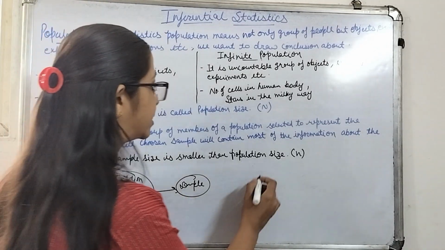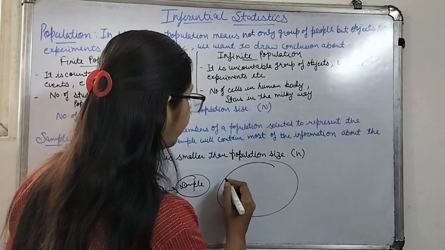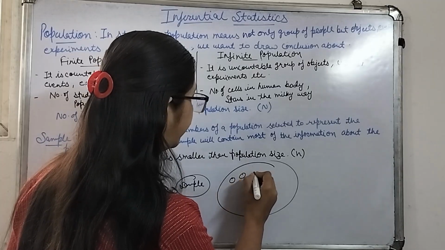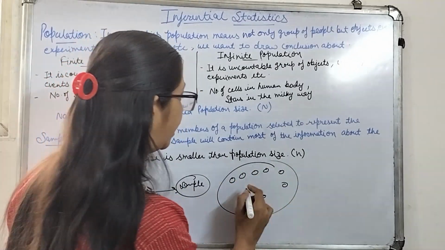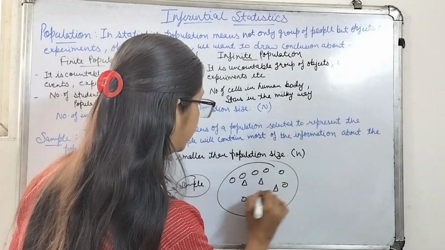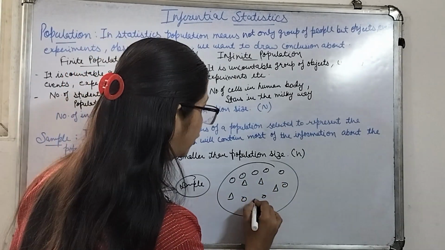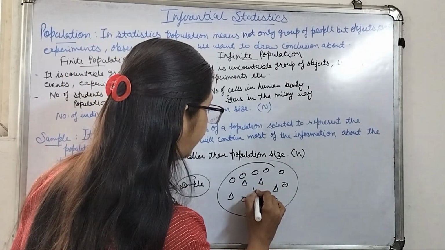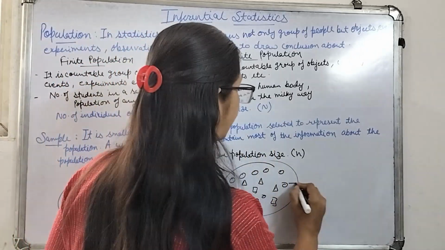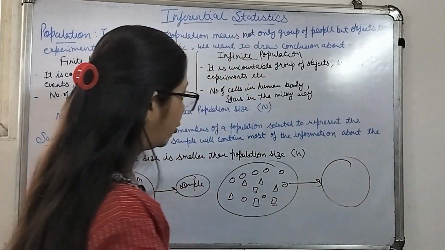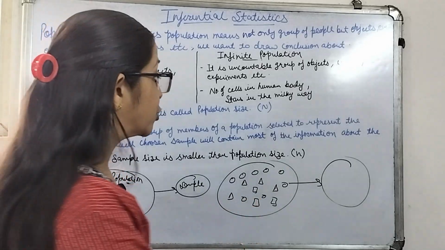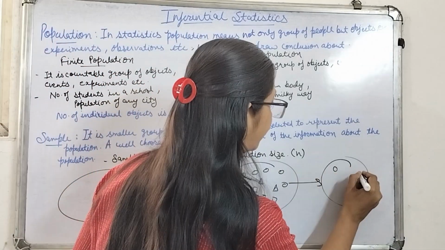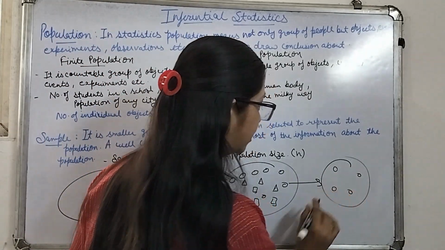Suppose this is your population, with various objects: this object is the same, another object is this, which is the same, another is this, which is the same. So how can we select the sample? Over here the number of circles is larger, so in our sample we will also select more circles.